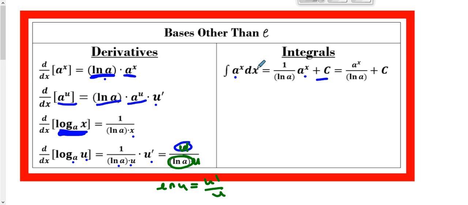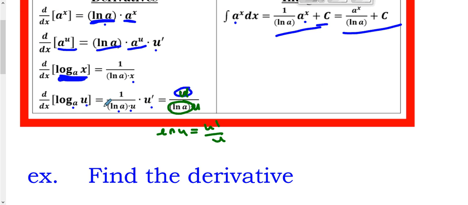Since you're dividing by ln of a, you can also write that as a to the x over ln of a. Either one of these is fine, but they mean the same thing. It doesn't matter. Okay. So let's just look at a few examples involving these. And that's actually it for this section. So the next day you're in class, we will be working on our last section of this chapter.